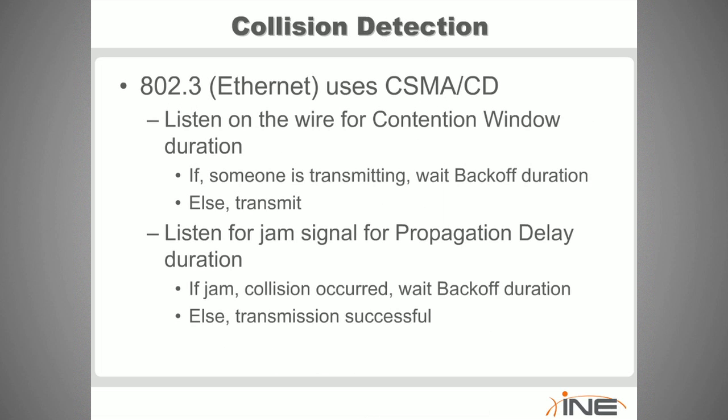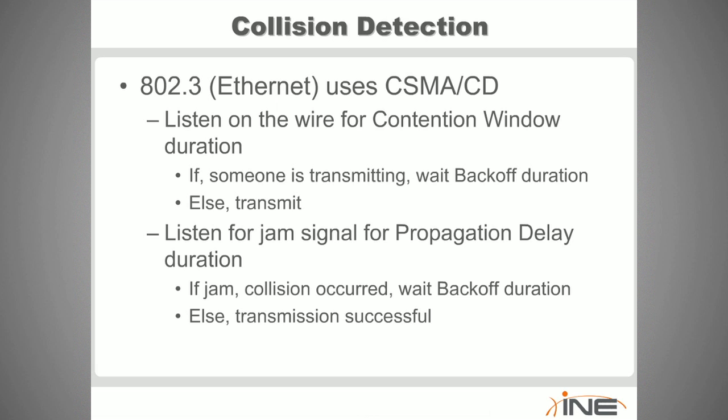Now, with Ethernet, we know that half duplex is dealt with by running the algorithm known as CSMA/CD, or Carrier Sense Multiple Access with Collision Detection. In Ethernet, this basically means that before we transmit a frame, we need to listen on the physical wire to see if someone else is transmitting.